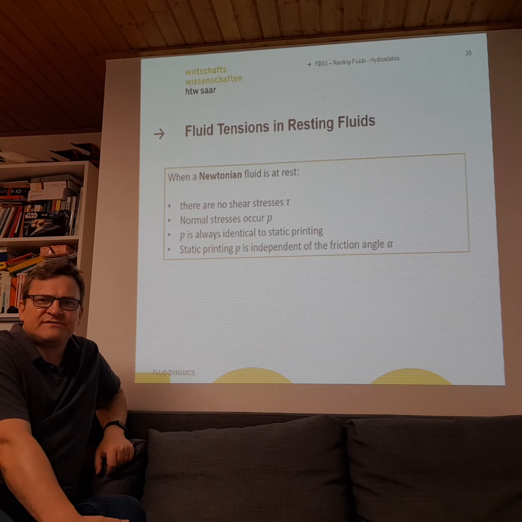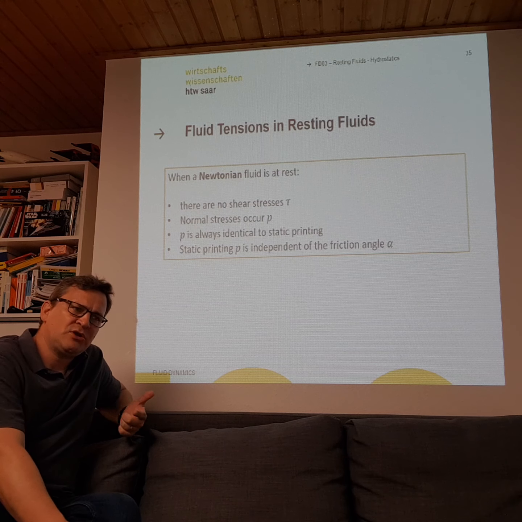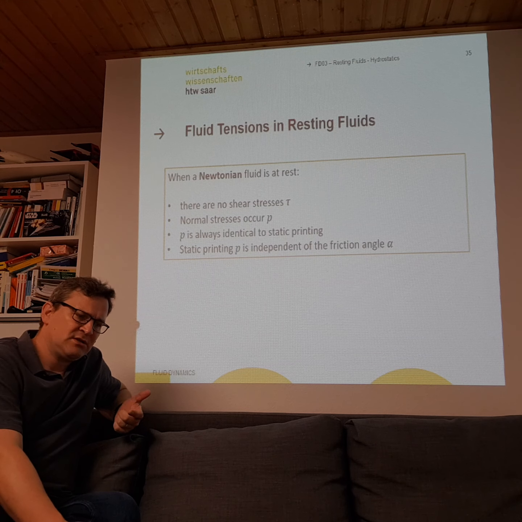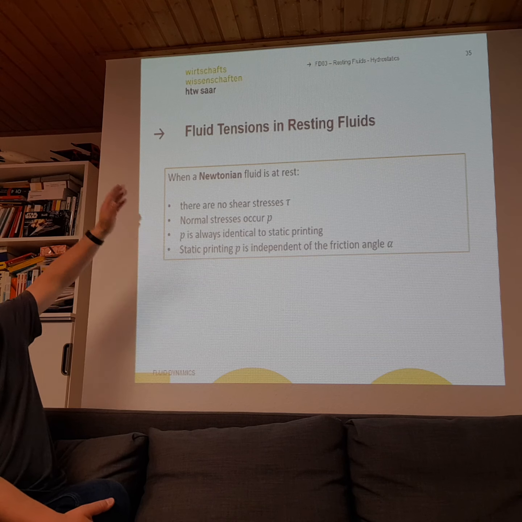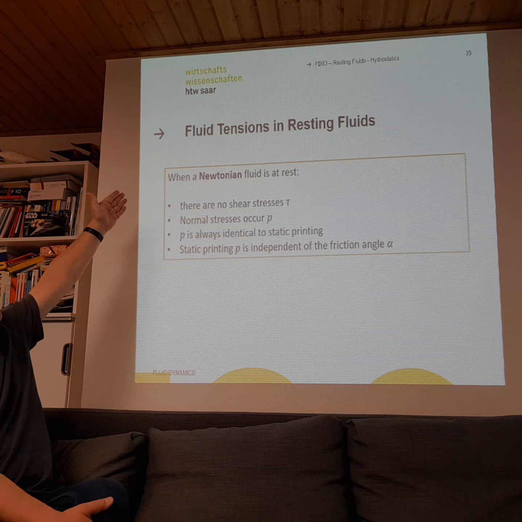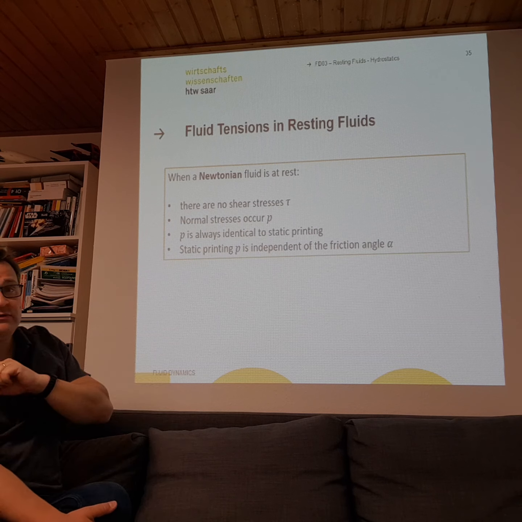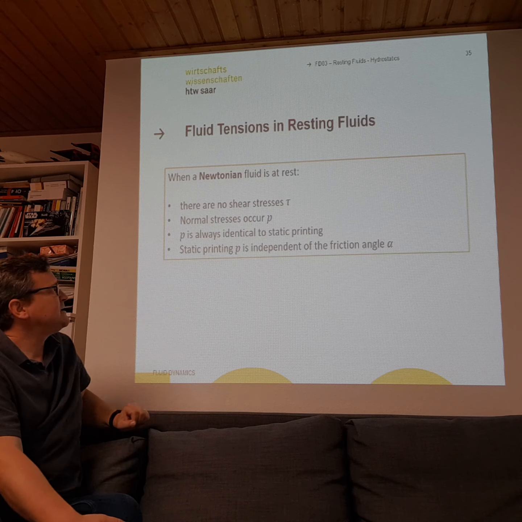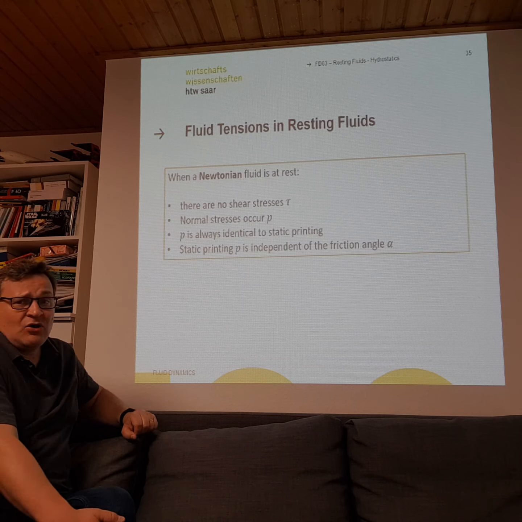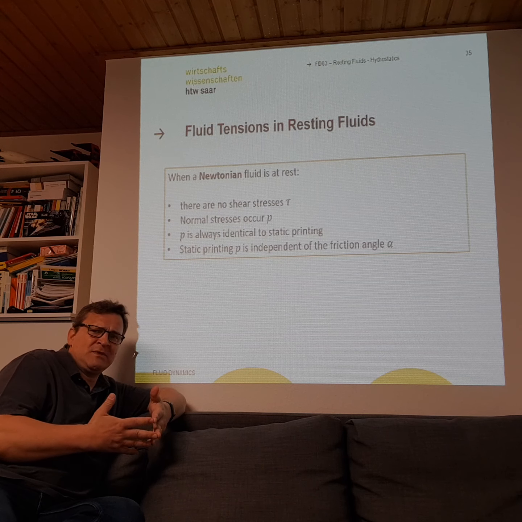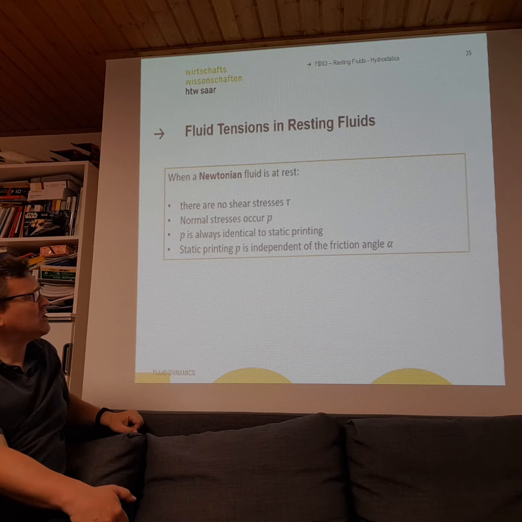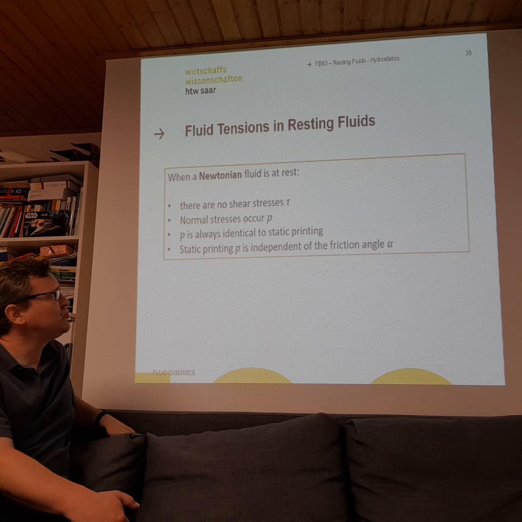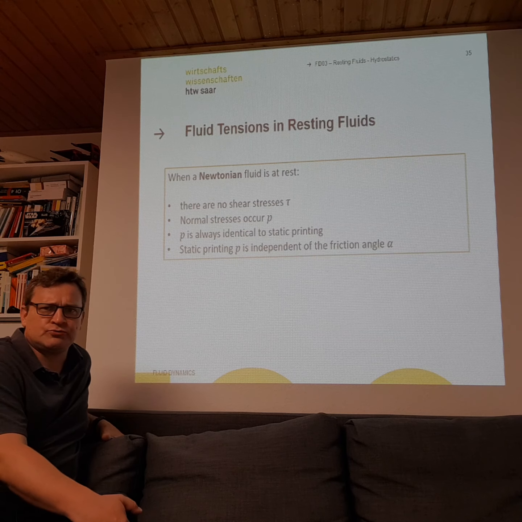So now in this chapter we deal with non-moving fluids, we deal with hydrostatics. So if we have a Newtonian fluid and it is at rest, there are no shear stresses. And normal stresses, okay, they occur depending on the pressure.